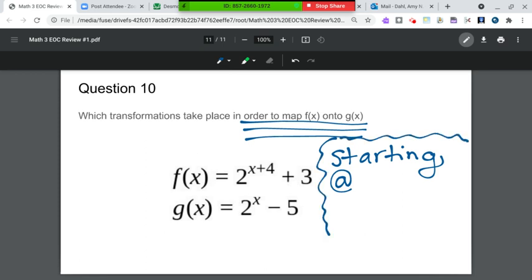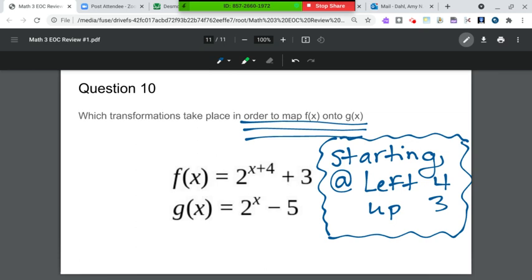Which direction horizontally? Which direction vertically? Horizontally, you've moved where? Left 4, and where else? Wait, no. Horizontal, where are you starting? So you're starting from a place of being at left 4, up 3.